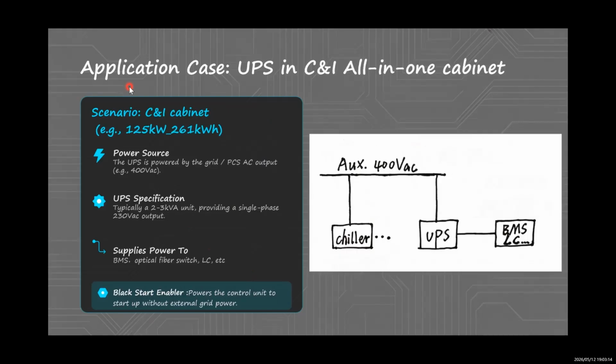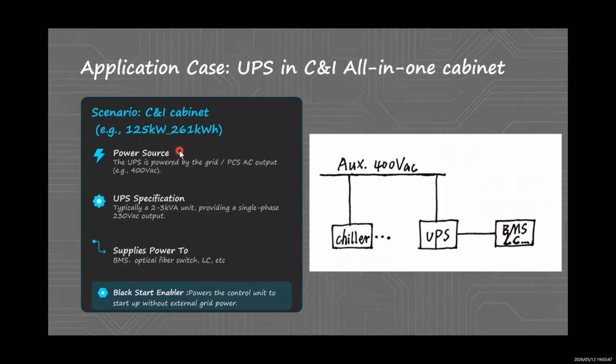The next application case is UPS in the C&I all-in-one cabinet. An all-in-one cabinet means a C&I product that integrates the PCS, chillers, battery racks, and fire suppression systems. It's an integrated system, for example 125 kilowatt, 231 kilowatt hour.